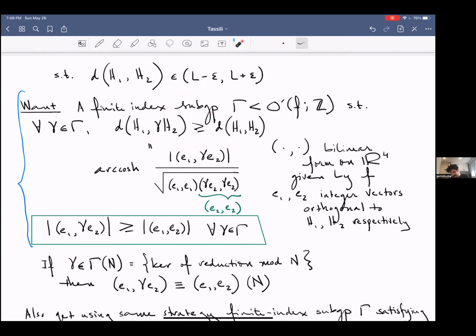The other properties are kind of easy, and this in higher dimensions is handled by them.